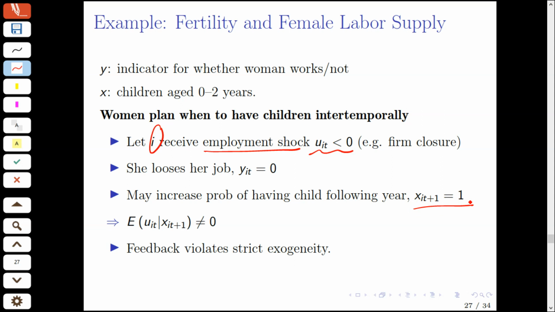Now note here that from this story that I just told you, we've created a relationship between the unobservable in period t and the regressor in the following period. Hence, our conditional mean 0 assumption is violated. Now, this type of feedback is not too far-fetched, and it in general violates strict exogeneity.